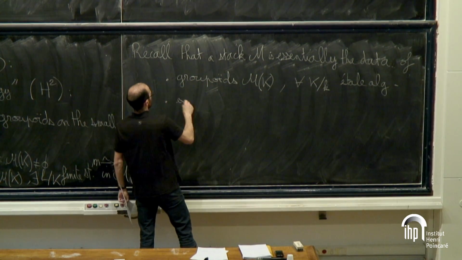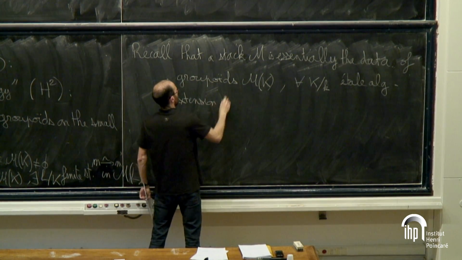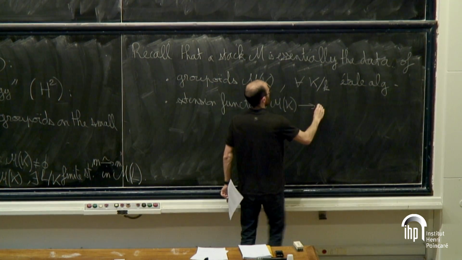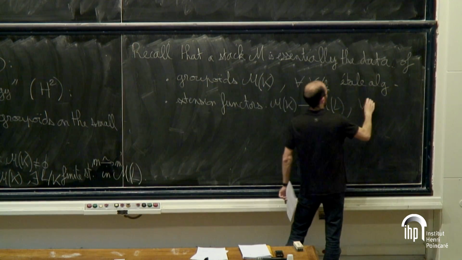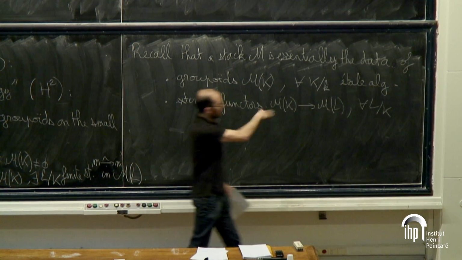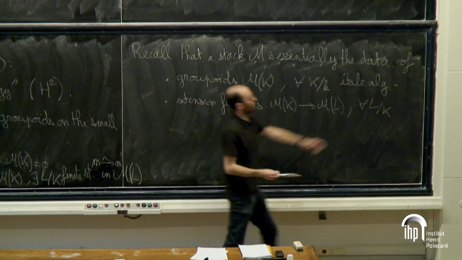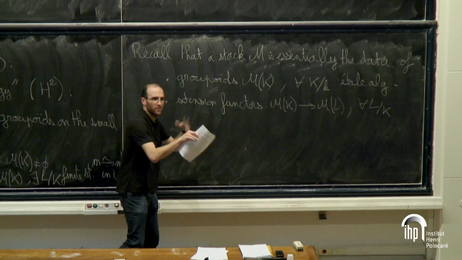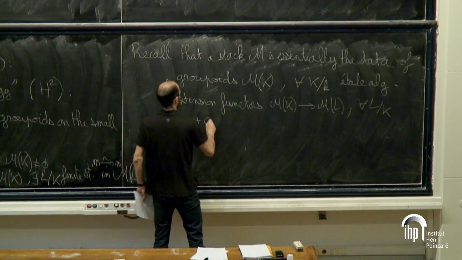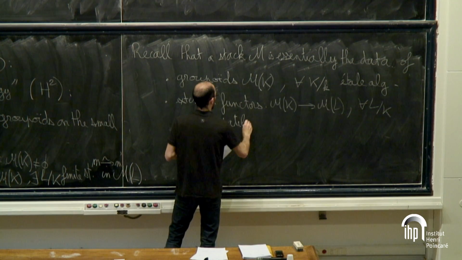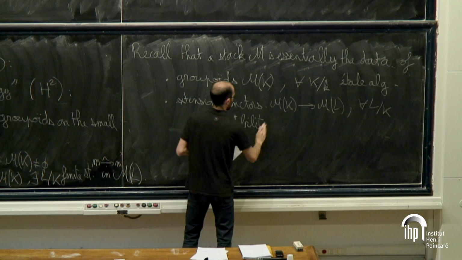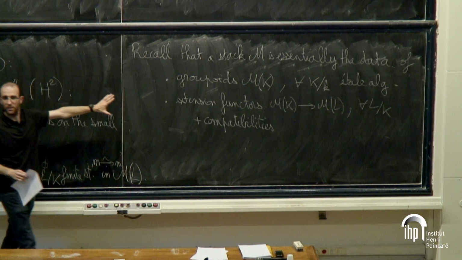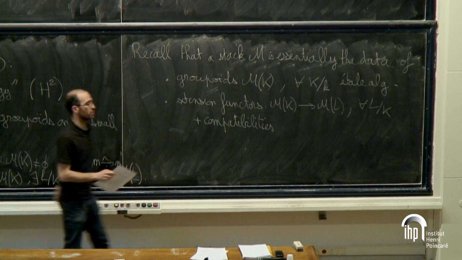So there are extension or base change functors from M_K to M_L for any algebra L over the algebra K, satisfying some compatibilities. So this is what is called essentially a fibered category: a category for each étale algebra of little k.